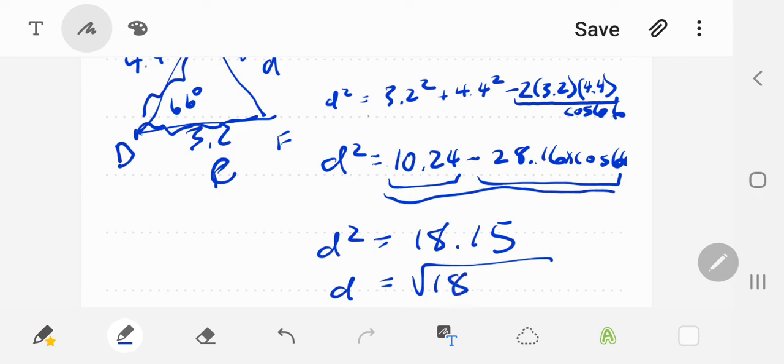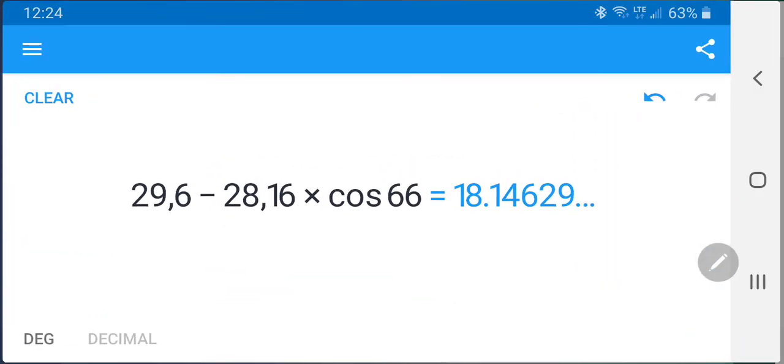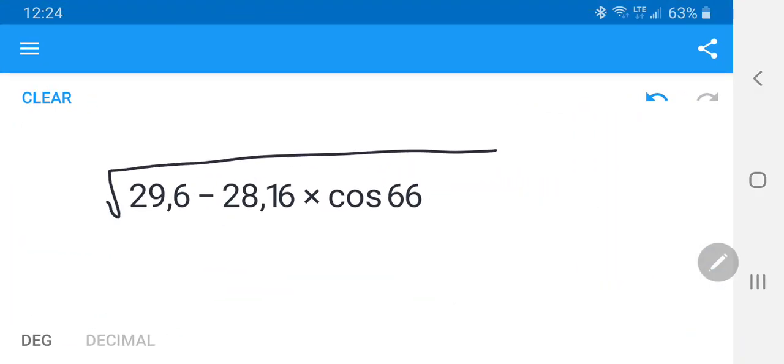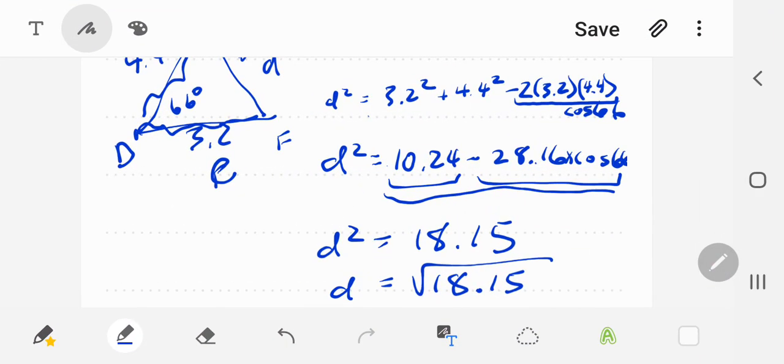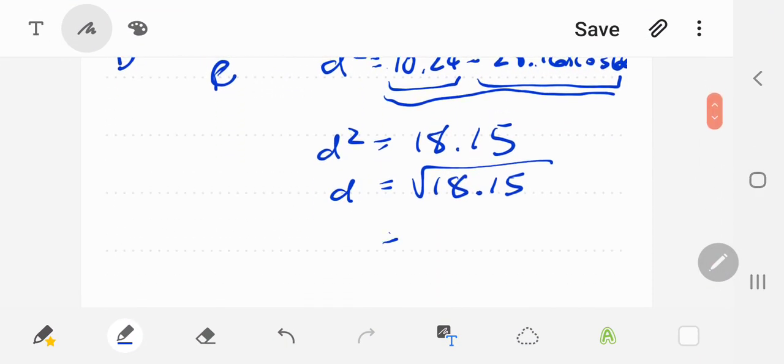So we take the square root of 18.15, and you're going to get an answer of 4.3. D is 4.3.